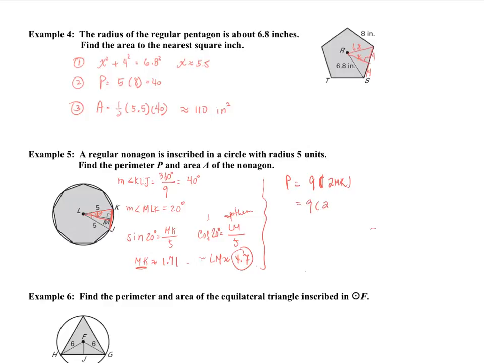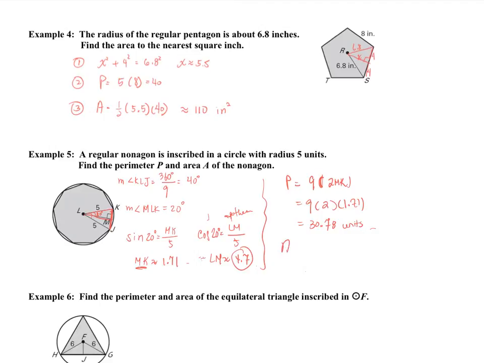So 9 times 2 times MK, which is 1.71. After you multiply these numbers together, it should be about 30.78 units.